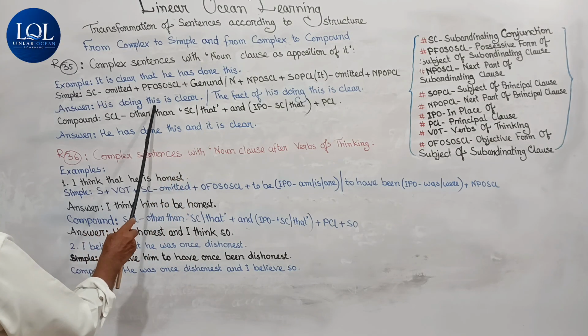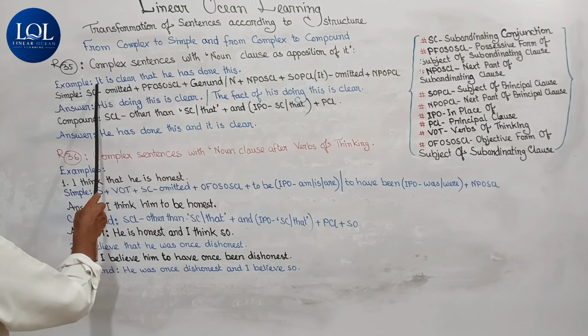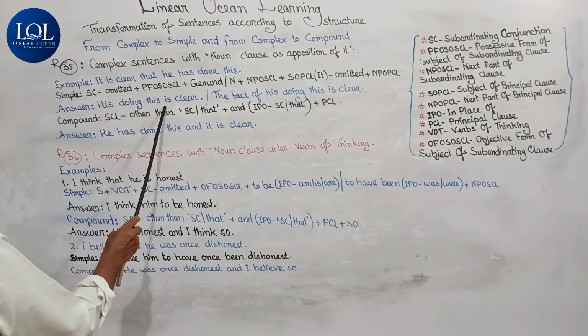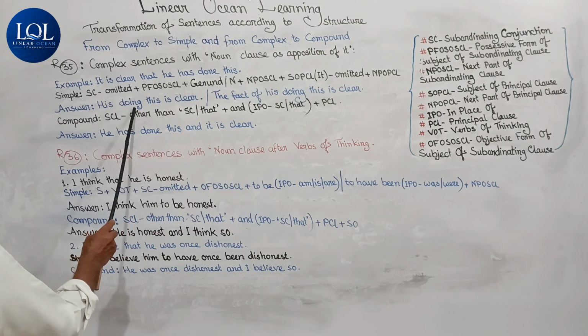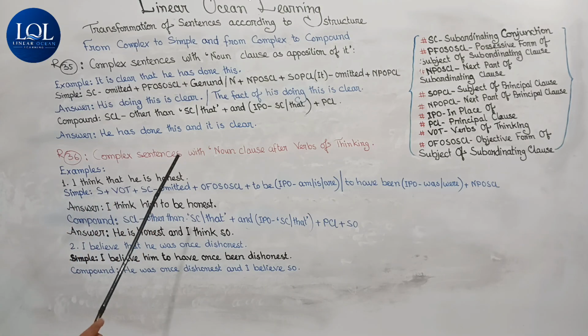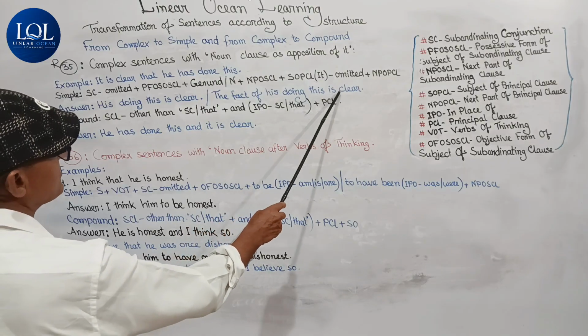So, "his doing this". Then the subject of the principal clause, "it", is omitted. Then the next part of the principal clause is "clear". So, "his doing this is clear". Again we can say it in a different way: "The fact of his doing this is clear."